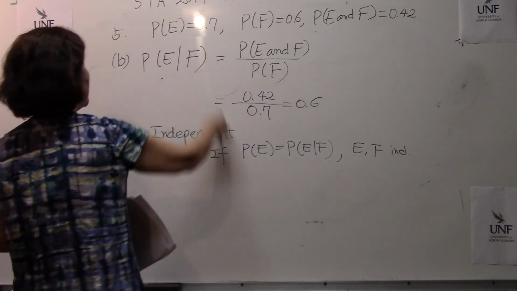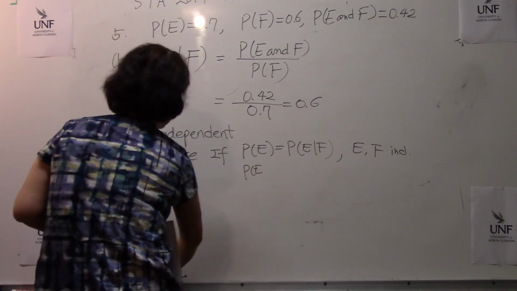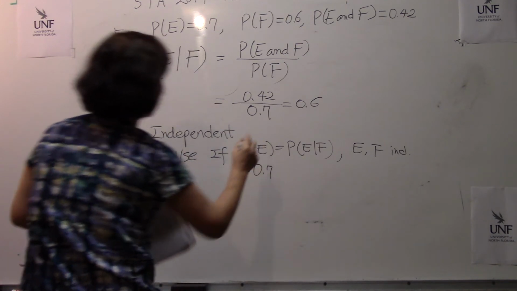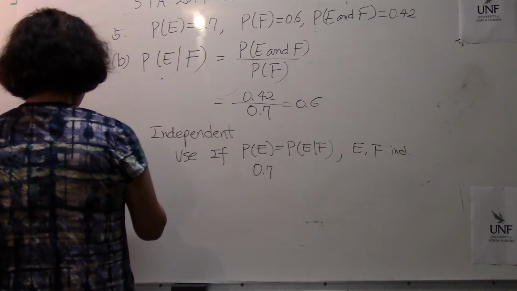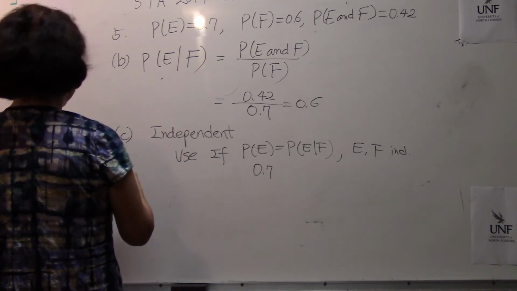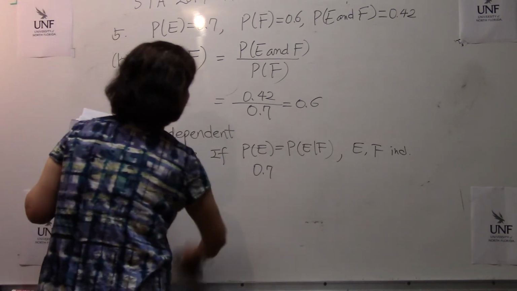So look at that. The probability that event E occurs is 0.7. And E given F. Oh, I made a mistake over here.